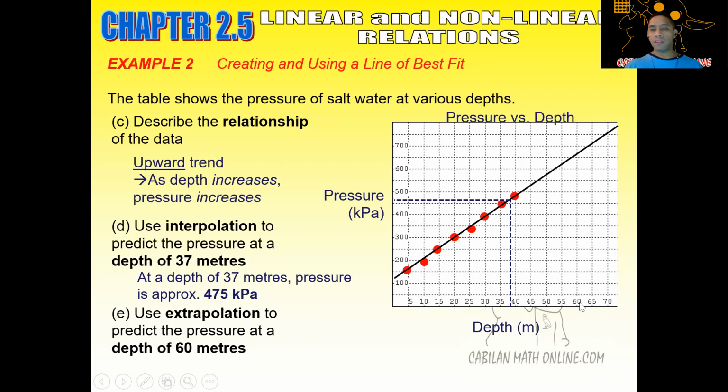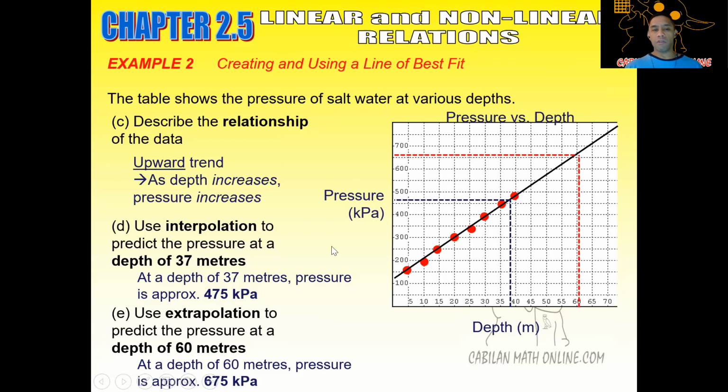So when I go right to 60 and then I go up on the line and then across, okay, notice it's slightly above 650, but well below 700. So when you come up with your sentence to describe that, okay, notice at a depth of 60 meters, pressure is approximately 675 kilopascals, okay, because it's above 650, okay, and it's below 700. All right.